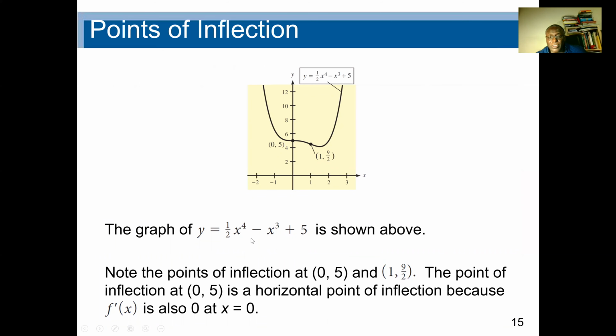A graph of this is given. We should know that the points of inflection are (0, 5) and (1, 9/2). The point of inflection at (0, 5) is a horizontal point of inflection because the first derivative of f at x is also 0 at x equals 0.